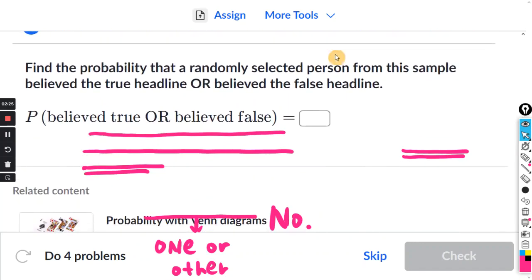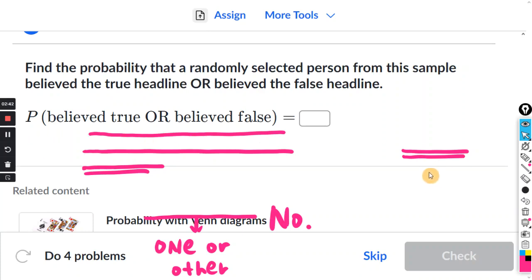And then the second question, the probability that the student believed the true or believed the false. It says find the probability that a randomly selected person believed the true or believed the false.